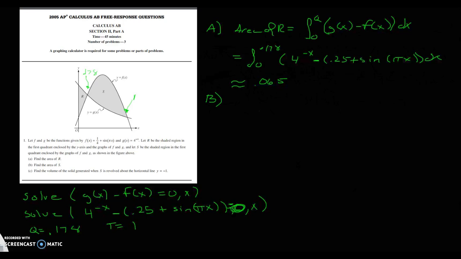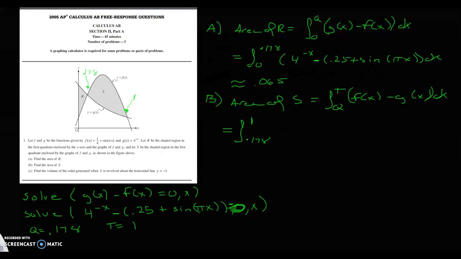Part B says find the area of S. When you find the area of S, that's going to equal the integral from Q to T. The top function is f of x, top minus bottom, minus g of x dx, which is going to be equal to, Q was 0.178, lower to upper.